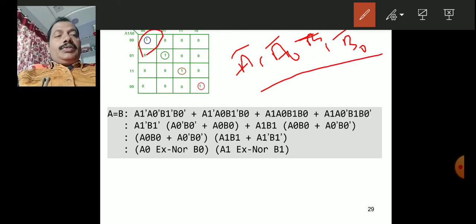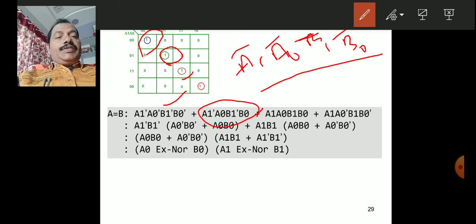So this is the first group. Next, for this single one, you have to write like this: A1 bar, A0, B1 bar, B0.